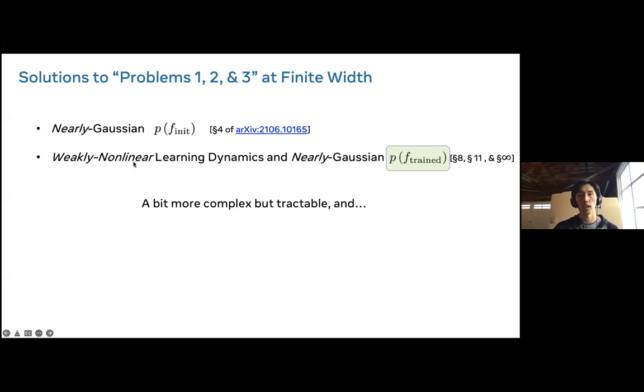The initial distribution was Gaussian in the infinite width limit, but if you back off, then you have a nearly Gaussian distribution, which is to say that it's a Gaussian with a quadratic term and so on in the exponential, but the coefficient in front of that is small, so you can do a perturbation expansion around the Gaussian. This is described in detail in chapter 4 of the book.